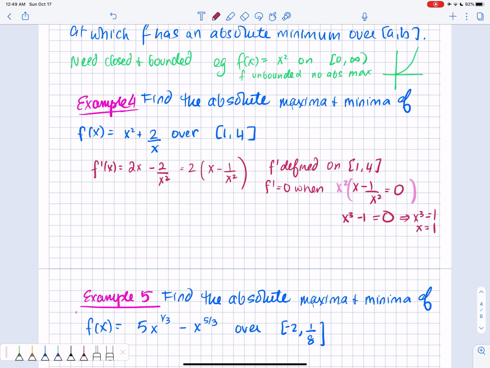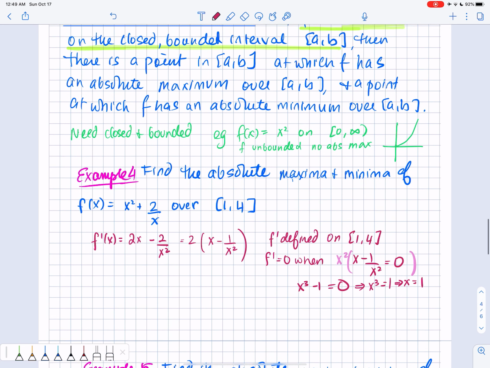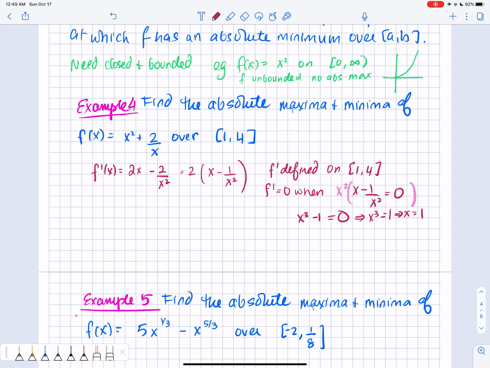So what are the critical points? Well, you found x equals 1. Is that a critical point for this function?